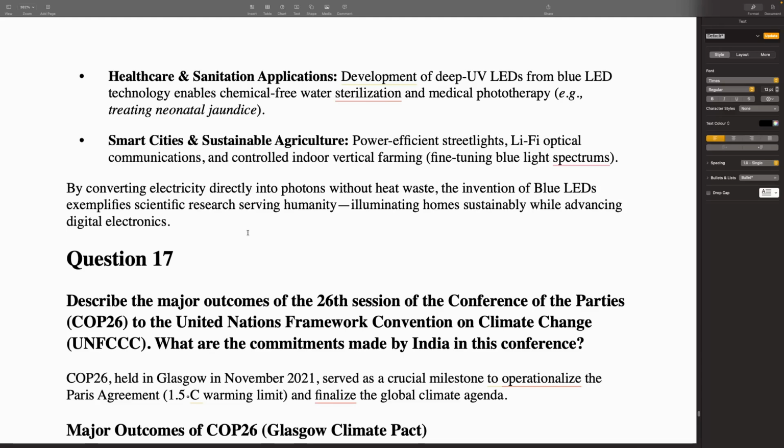Power efficient street lights, Li-Fi optical communications, and controlled indoor vertical farming fine-tune blue light spectrums. By converting electricity directly into photons without heat waste, the invention of blue LEDs exemplifies scientific research serving humanity, illuminating homes sustainably while advancing digital electronics.